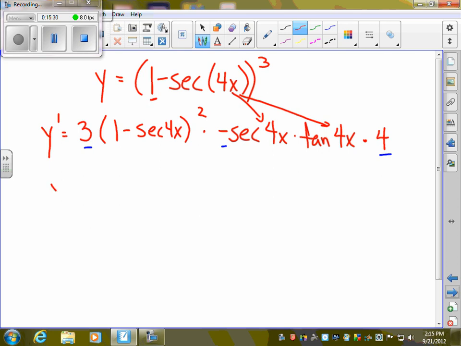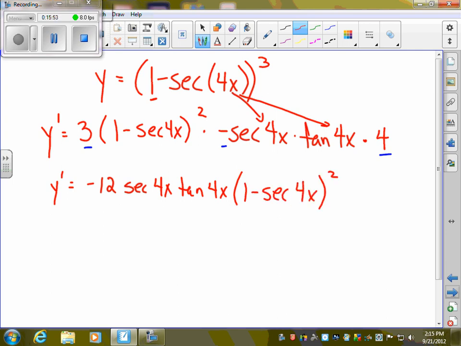So I would have negative 12, and then I'd only put stuff that's not to powers next. Secant 4x, tangent 4x, and then put my powers at the end. 1 minus secant 4x squared. And that's your final answer. There's nothing else you can do with that.